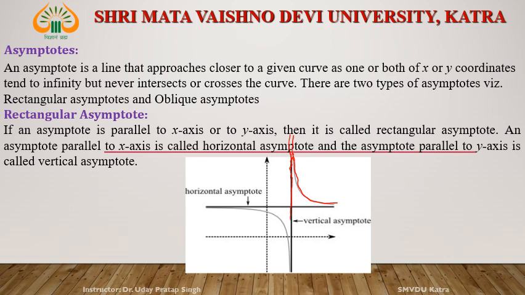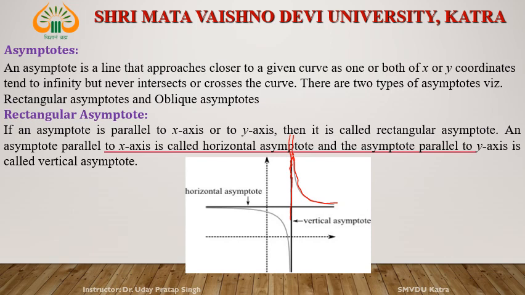What is a rectangular asymptote? An asymptote is said to be rectangular if it is parallel to either of the coordinate axes, whether it is parallel to the x-axis or the y-axis, right? Then it is known as a rectangular asymptote. If the asymptote is not parallel to the x-axis or y-axis, then it is known as an oblique asymptote, right?